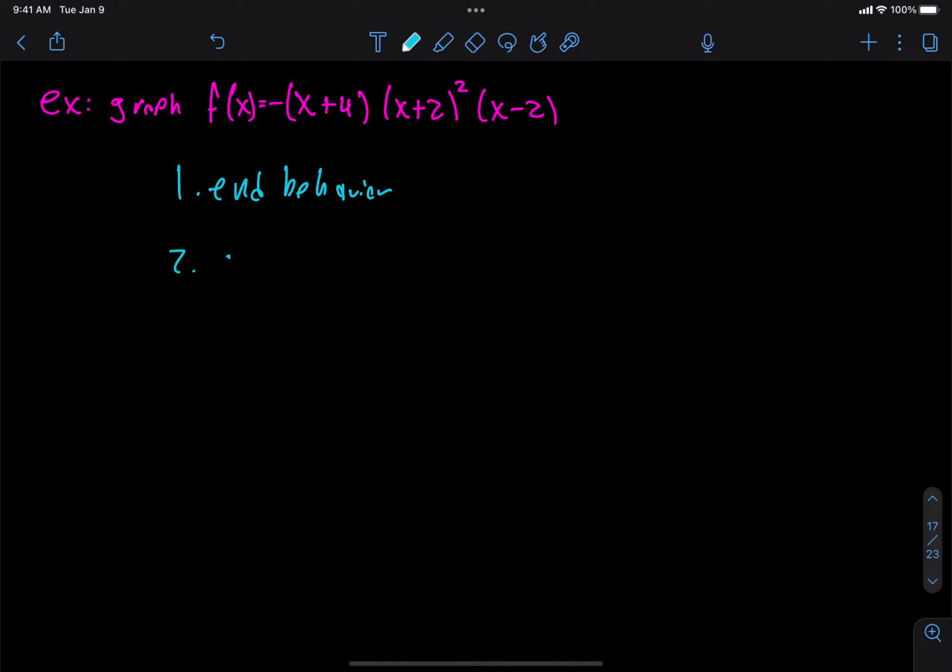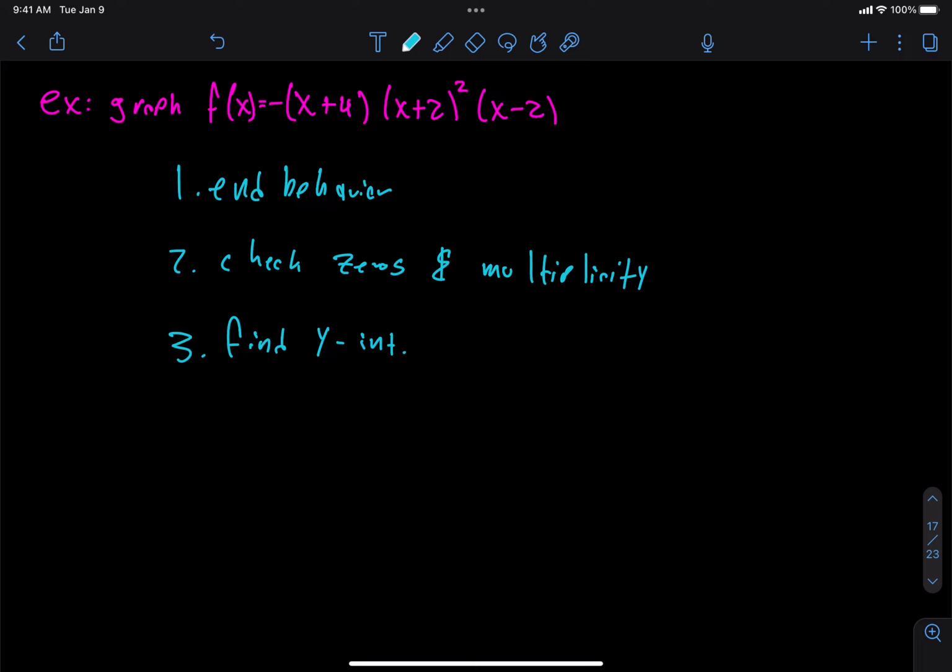I'm going to check zeros and multiplicity. I'm going to find the y-intercept. And then I'm going to graph, I'm going to sketch.